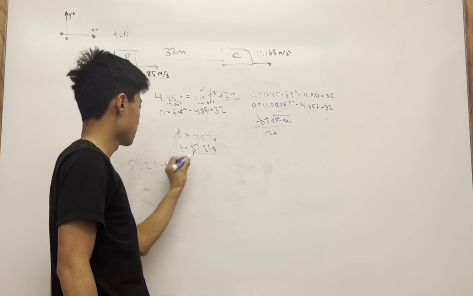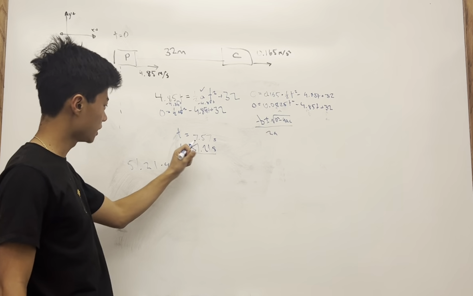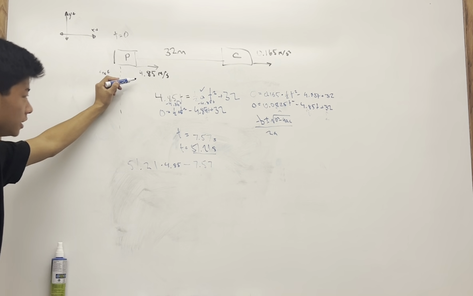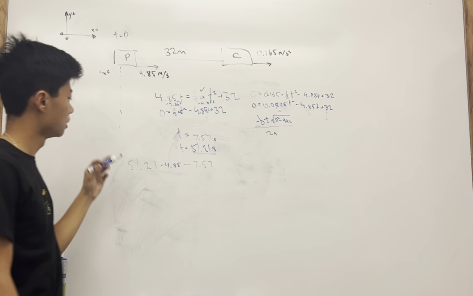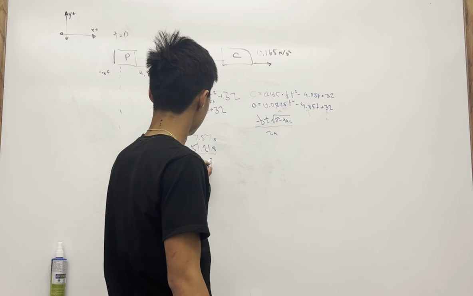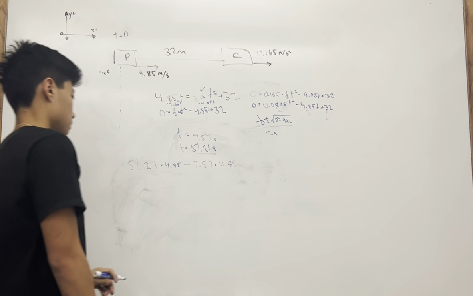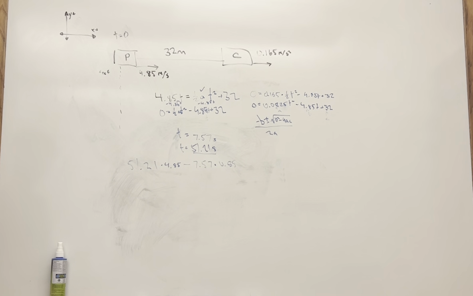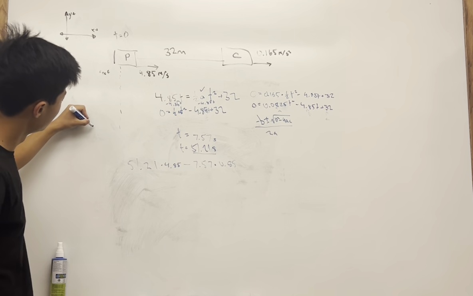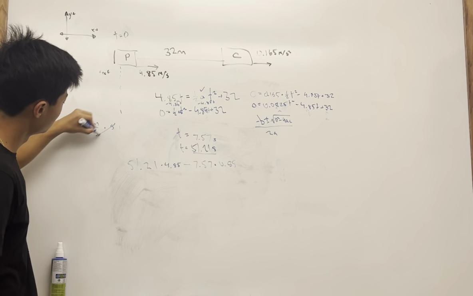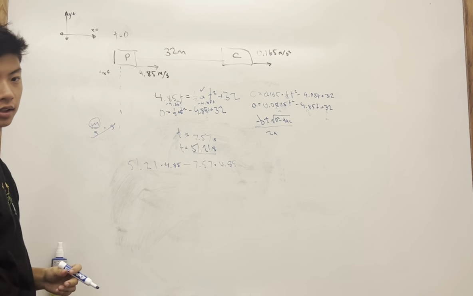Then we're gonna subtract that from, we're gonna do the same thing again, take the time, multiply it by the velocity or the speed, which is 4.85. And you'll notice this makes sense because this is in meters per second. We're multiplying by the time, which is seconds, and we end up with meters, which is the displacement.